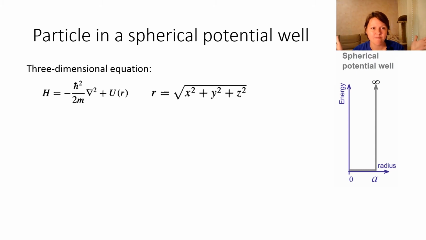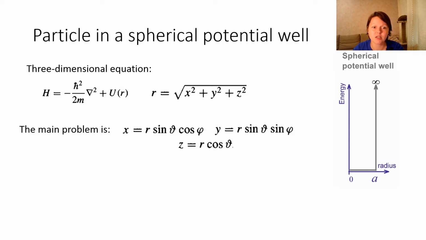Let's go further. If we have a particle not in a one-dimensional potential well, but in a spherical potential well, this is the three-dimensional case, and we will have to solve the three-dimensional equations. It will not be the Schrödinger equation, it will be such a Hamiltonian, and the radius of the potential well will be connected with the three arguments.